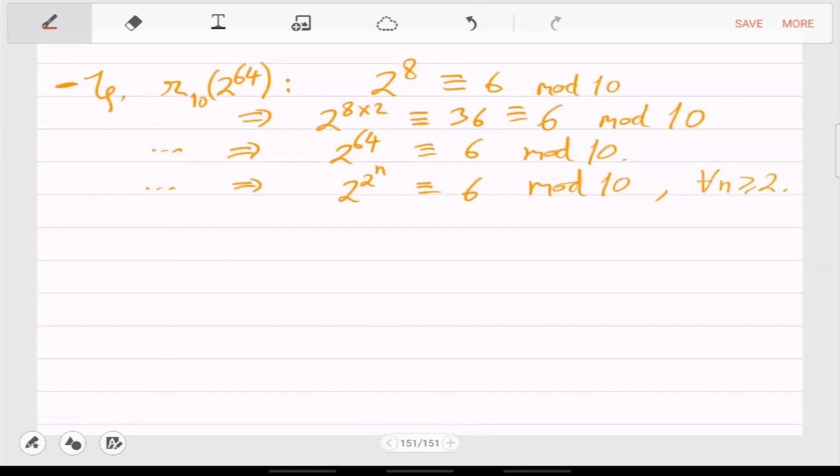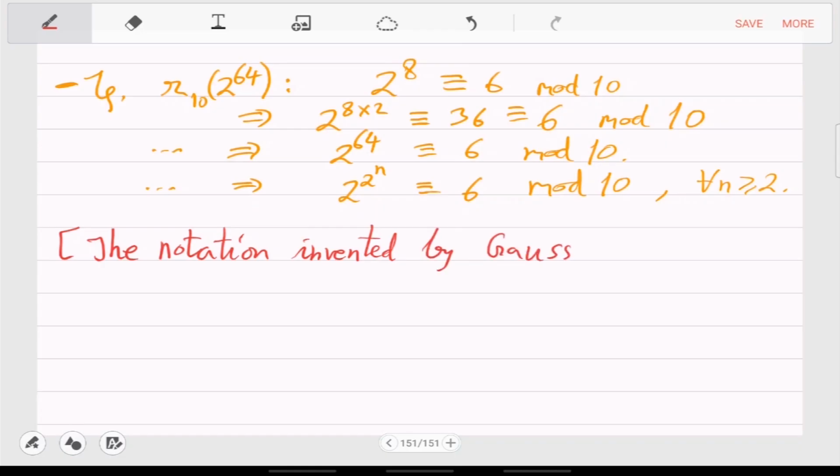So this notation is due to Gauss in 1800s. Okay, so this is a very useful notation. Almost everything in number theory or algebra assumes this.